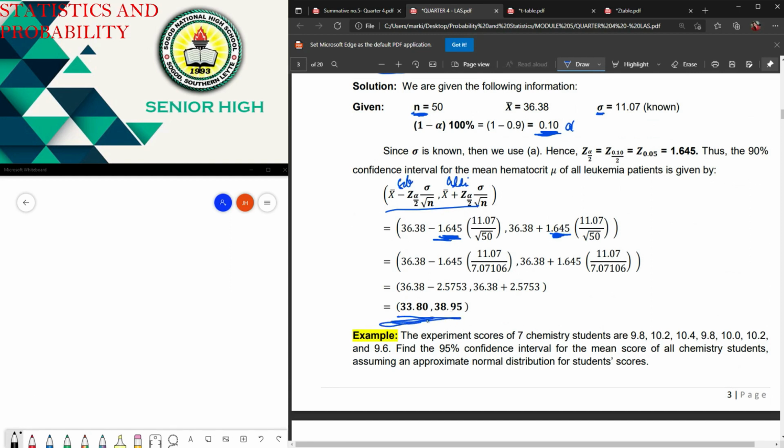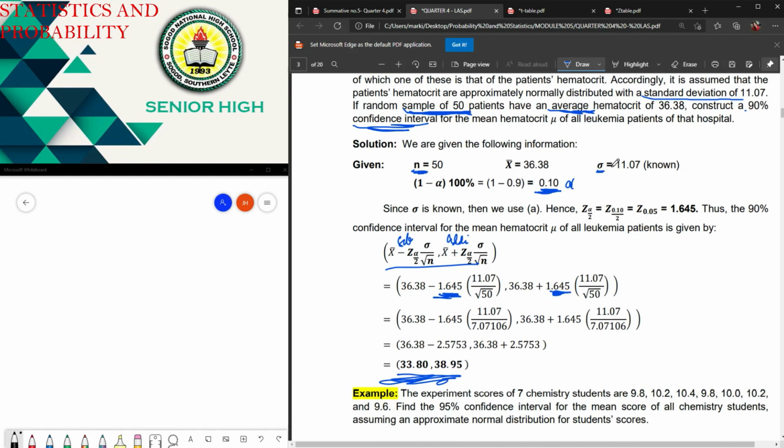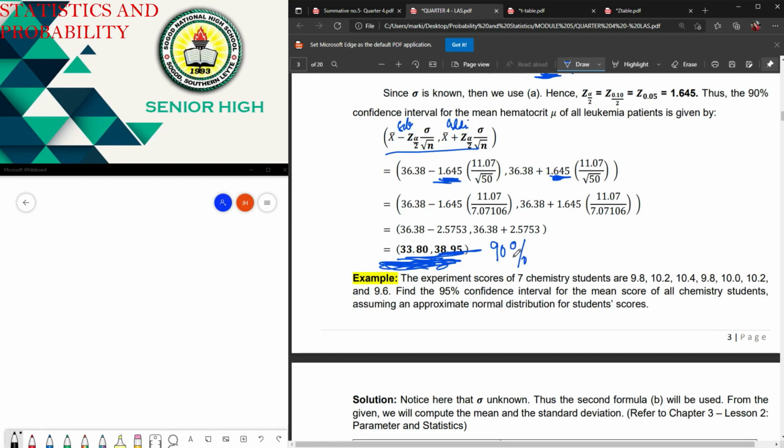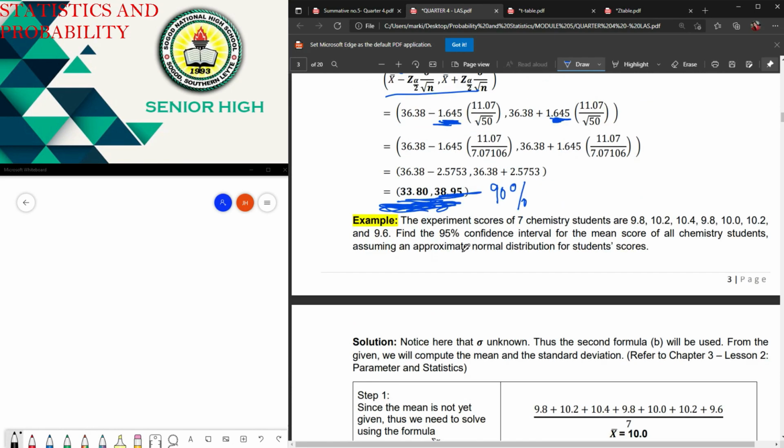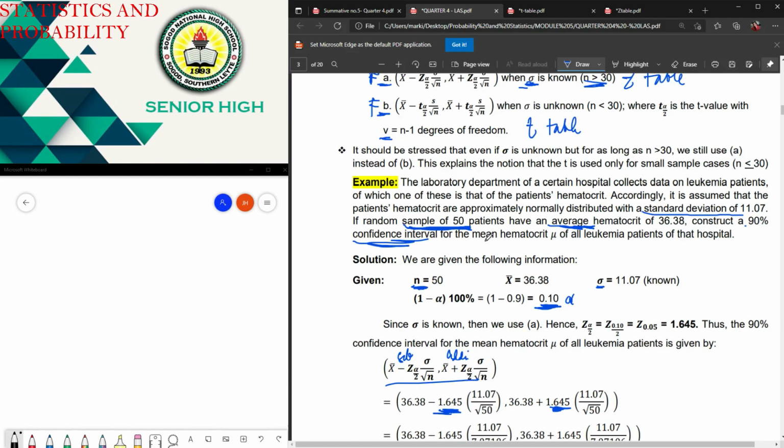This interval makes the confidence level 90%. In between this interval, you will have 90% confidence that your study is correct. So that is how you do it when n is greater than 30.